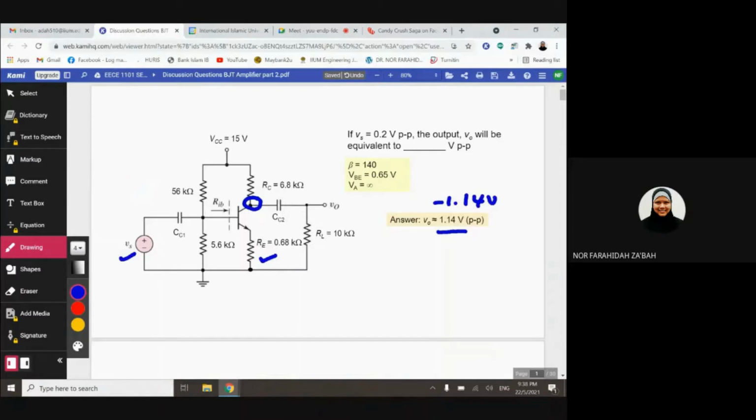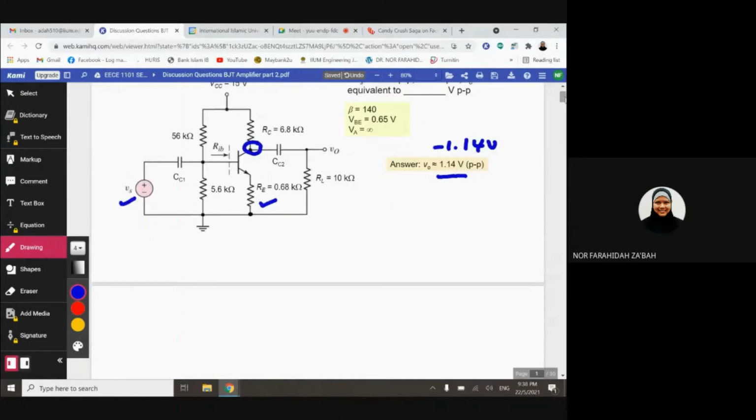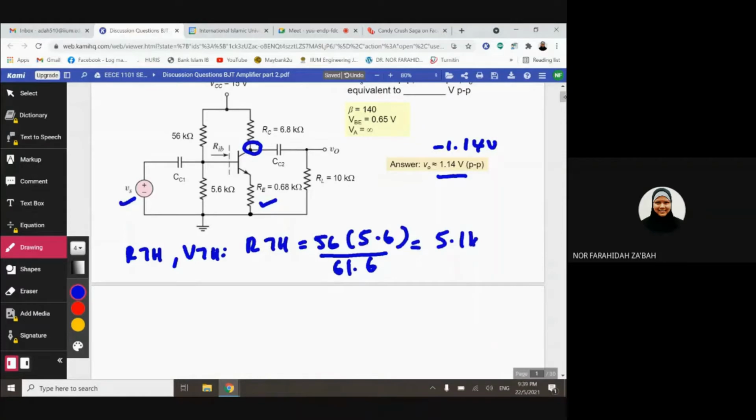Common emitter gain is a negative value. So firstly, you have to do the DC analysis. So I'm going to do the DC analysis now. You have to find RTH and VTH. RTH is equivalent to 56 multiplied with 5.6 over 61.6, and you will get 5.1 kilo ohm.